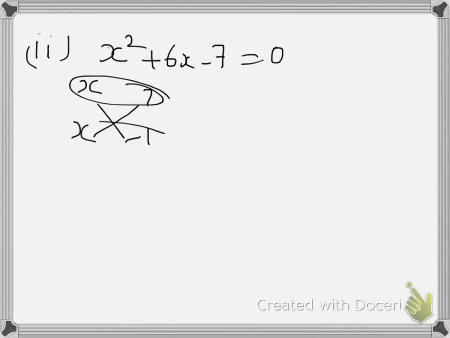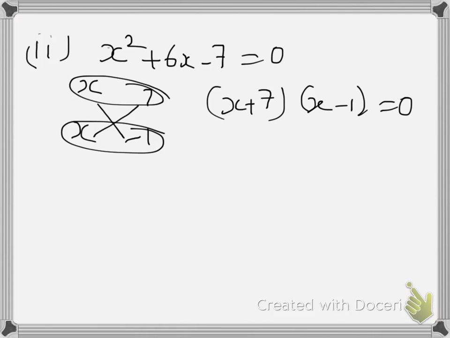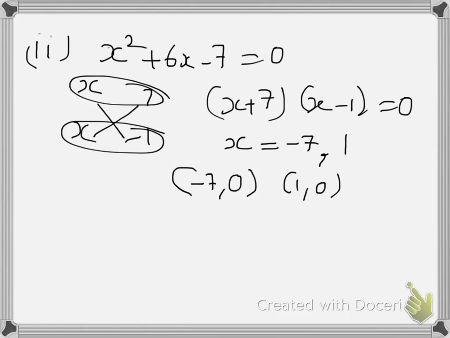So the factors, you got it as x plus 7, x minus 1 equal to 0. So the x values are negative 7 and 1. Okay, so this is the x-intercept. That means the coordinates are minus 7, 0 and 1, 0. Okay, the third step is that you need to find the y-intercept. The y-intercept is the c value, that is negative 7.